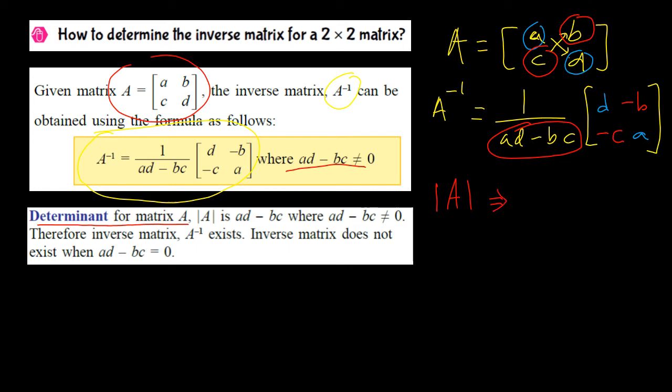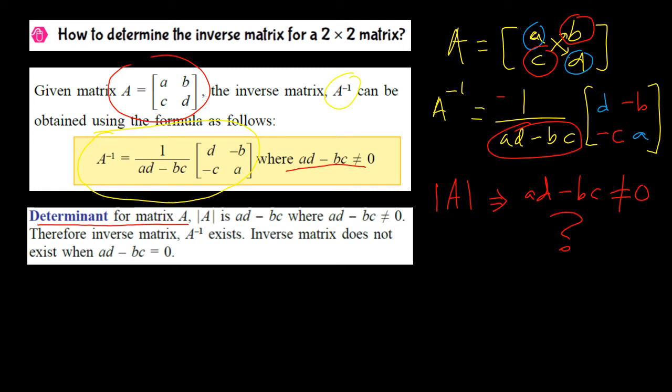You cannot get 0. Your determinant of A, that is AD minus BC, cannot become 0. Why can it not become 0?